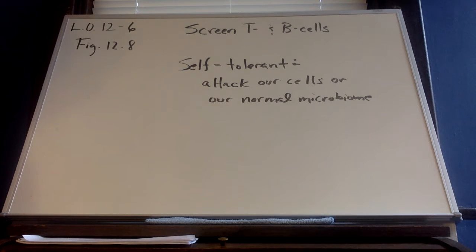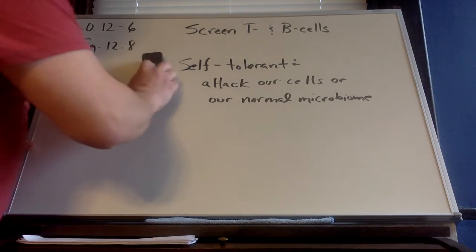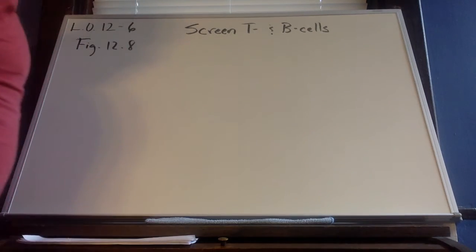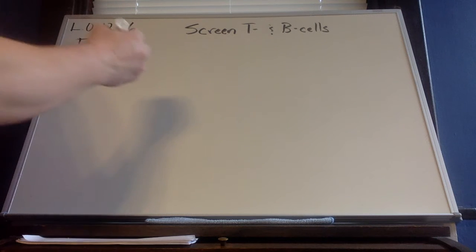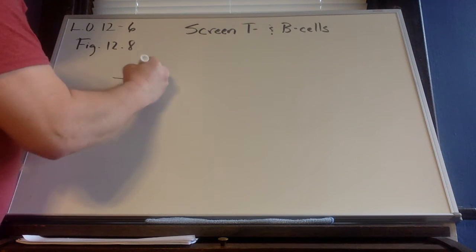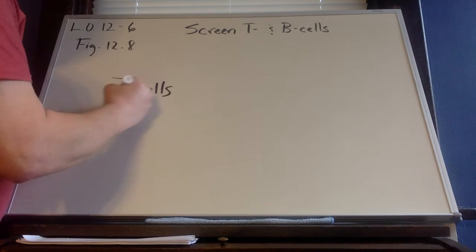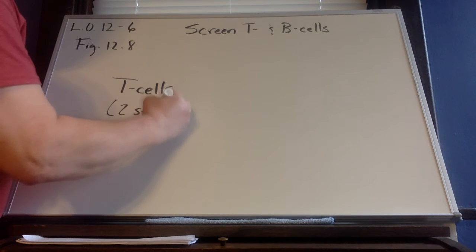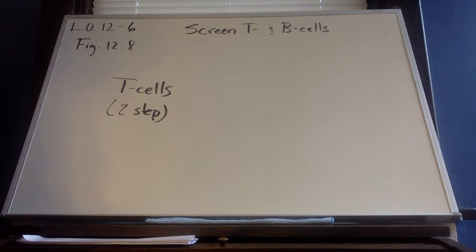If you look at figure 12.8, you can see the screening process. It's different for T cells versus B cells. For T cells, it's going to be a two-step process. The first thing you have to be able to do is recognize your self cells.